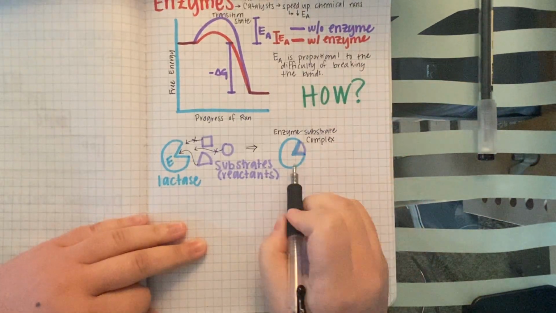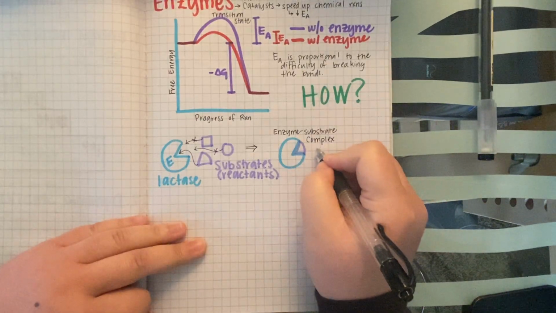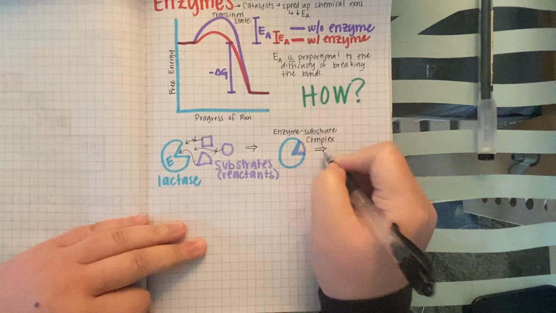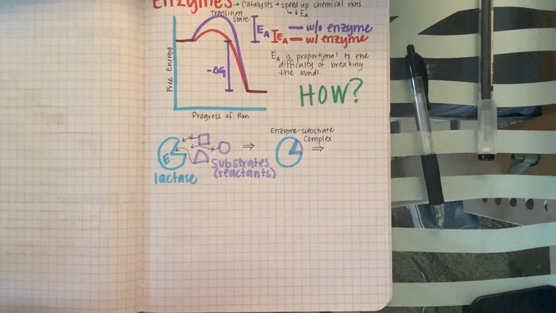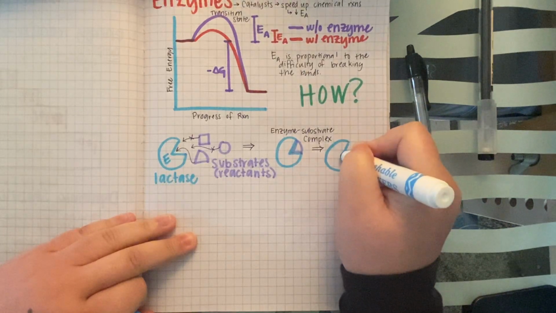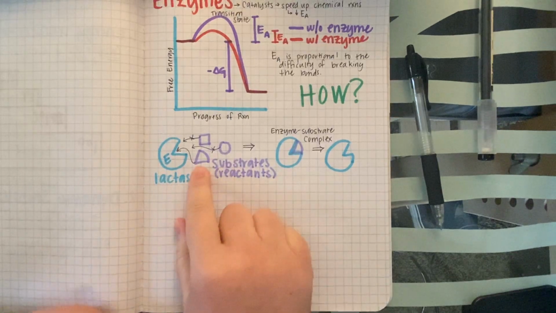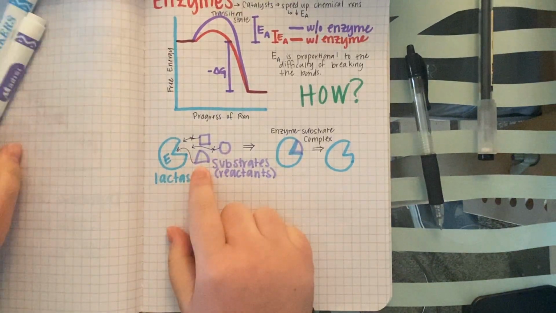Once those have bound, the enzyme is going to kind of stretch and pull on those bonds so it reaches that transition state quicker, and then the enzyme will release its products. So the enzyme is still here, it still has its original shape, but it's going to release your products, and they're going to be different from what you put in.